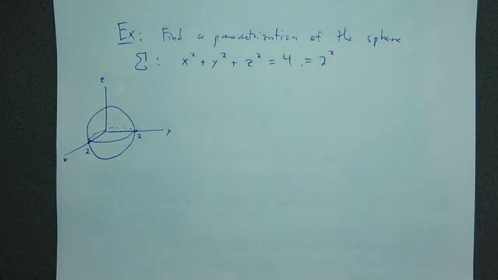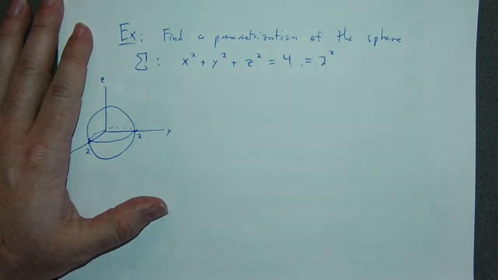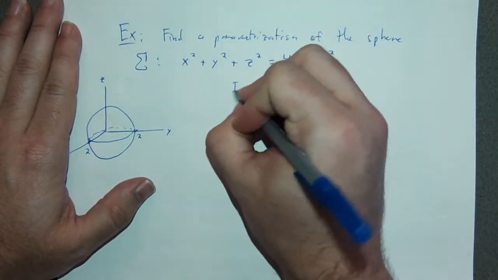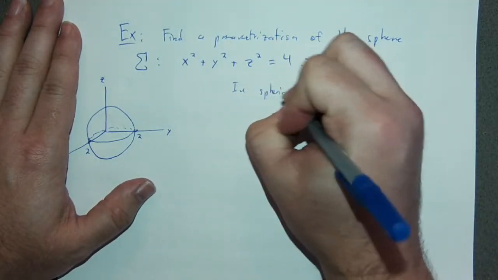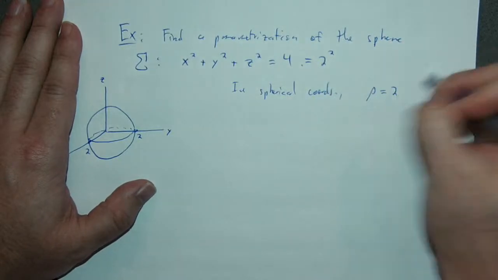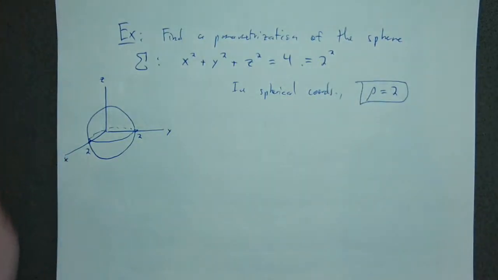In spherical coordinates, how would I write the equation for this sphere? This is the sphere rho is equal to 2.